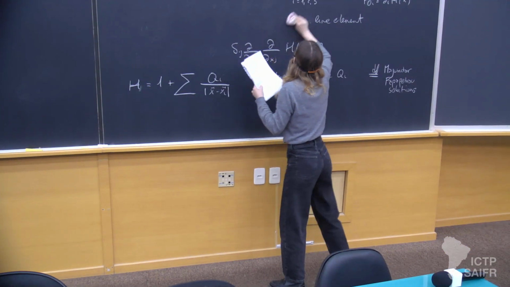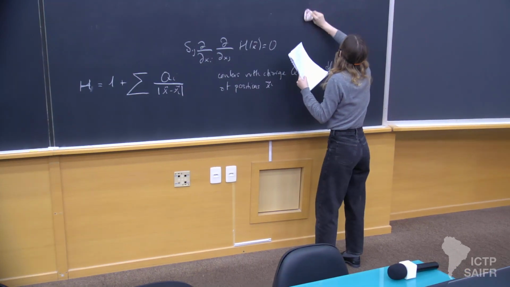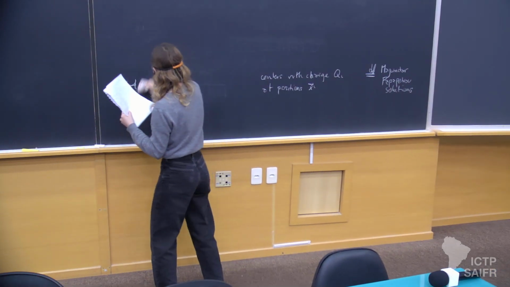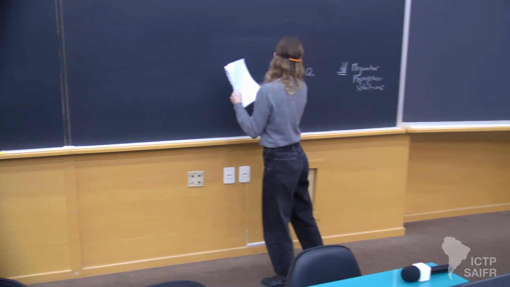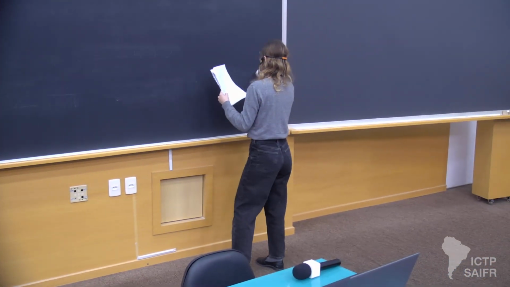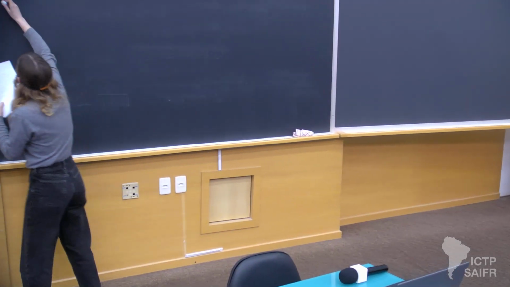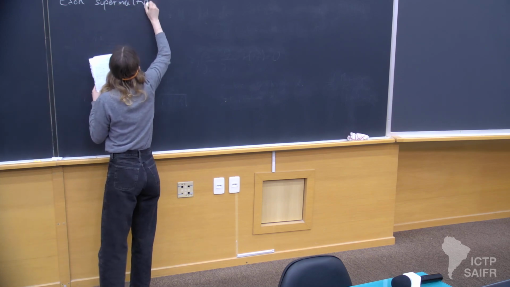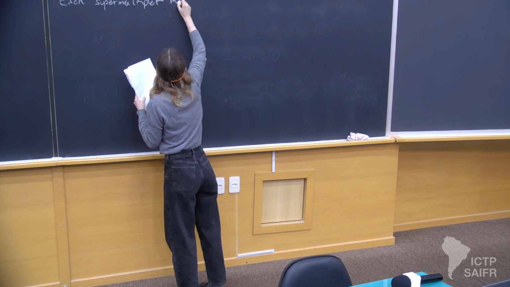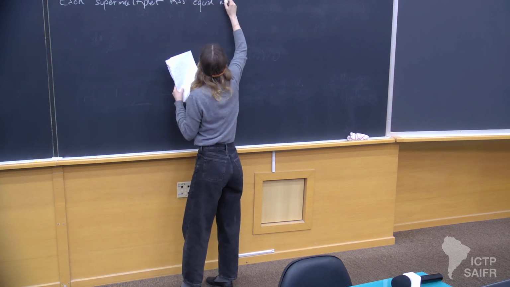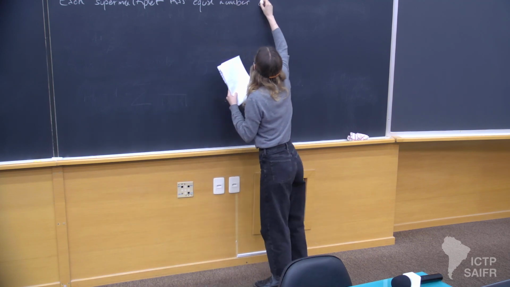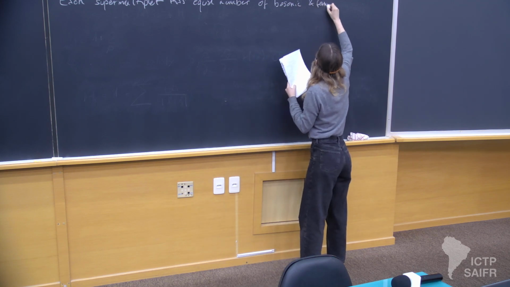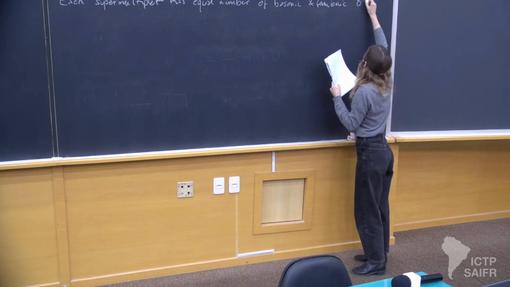I'll give you a very simple example. Each supermultiplet has an equal number of bosonic and fermionic degrees of freedom.